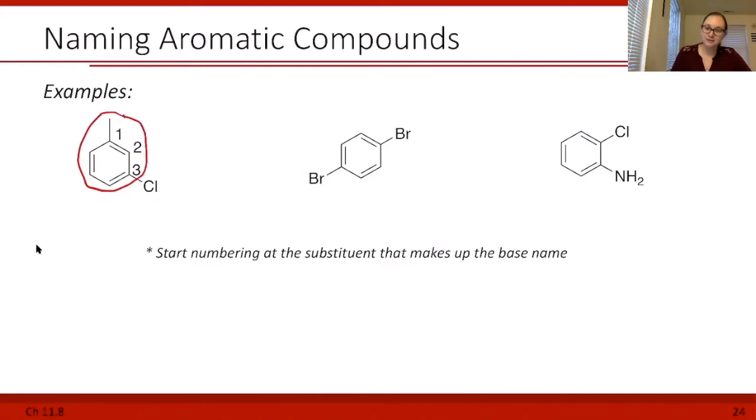So the aromatic ring with the methyl group is our base name of toluene, where our methyl group is always going to be at the number 1, and then we number whichever way around the ring in order to make our substituents at the least numbers. So I'm going to circle my substituent. At the 3 position, we have a chlorine. So 3-chlorotoluene is the name of this molecule.